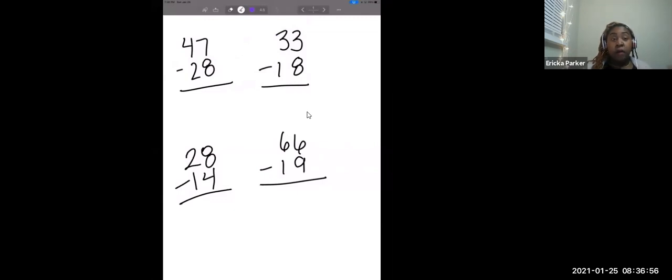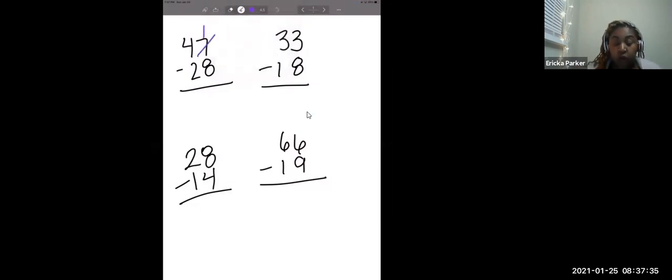All right, so let's look at this first problem. 47 minus 28. At any point that you want to pause this and work this out by yourself, pause it, work it out, and then come back. For my people that just want to go through this, I'm going to go ahead and keep going. 47 minus 28. All right, we're looking at the ones place. 7 minus 8. Can we do that? Are our numbers upstairs bigger than our numbers on the floor? No. So we've got to do what?